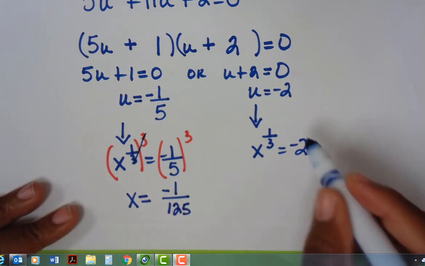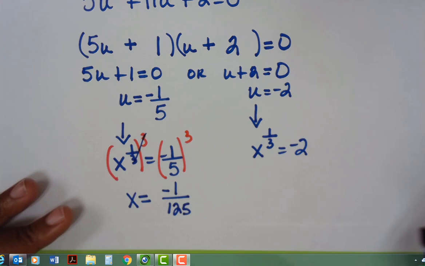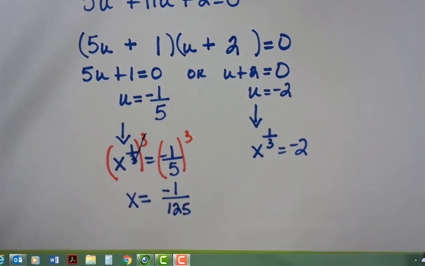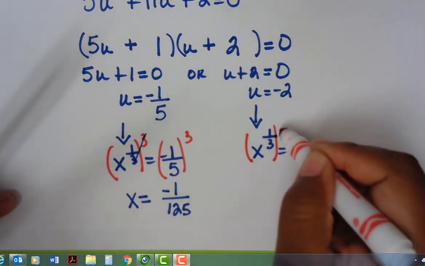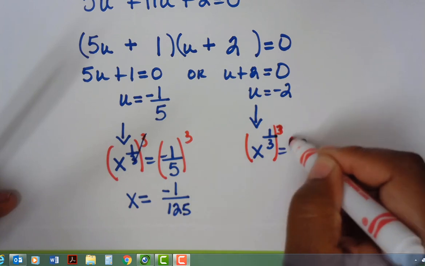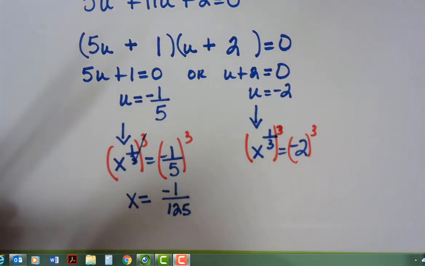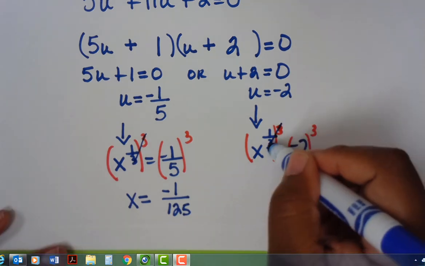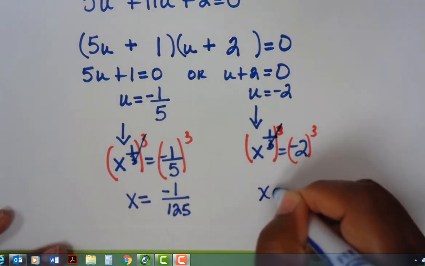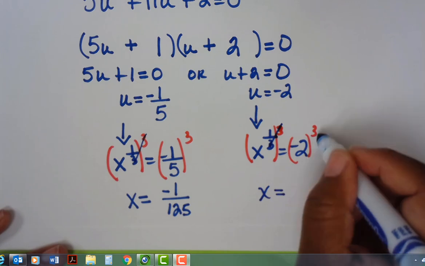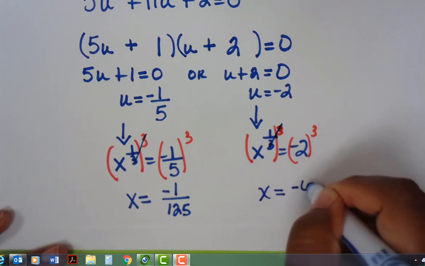And then our second equation, we're solving for x. We're going to cube both sides. On the left-hand side, the exponents are going to cancel out, and we have x equal to the quantity of negative 2 cubed. That would give us negative 8.